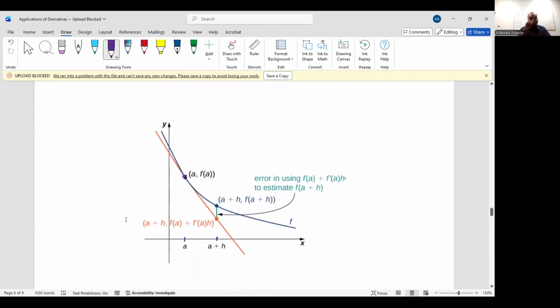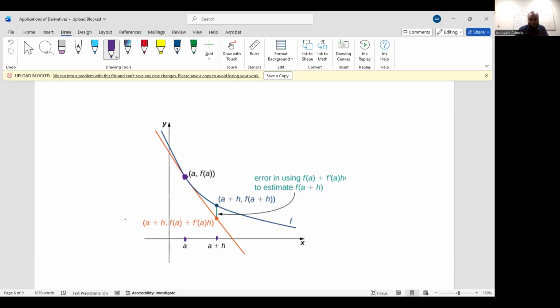But before that, look at this. We are saying that, let's say this is point A, this is point A plus h. Remember, tangent line, so the slope of the tangent line at that point A. So we're saying that we can use this point to approximate. That's what we are trying to say.